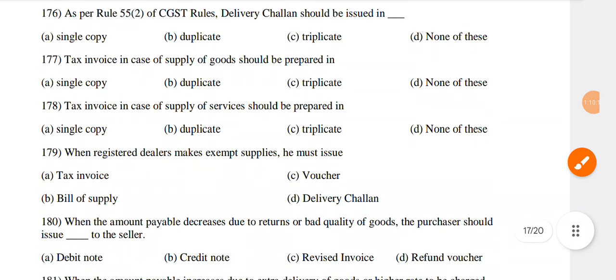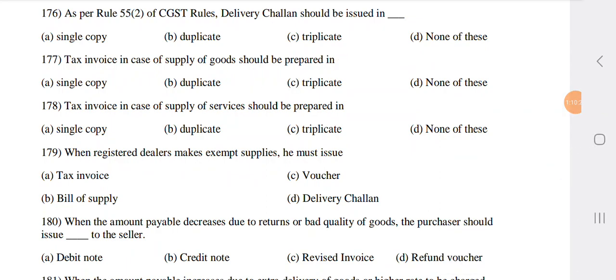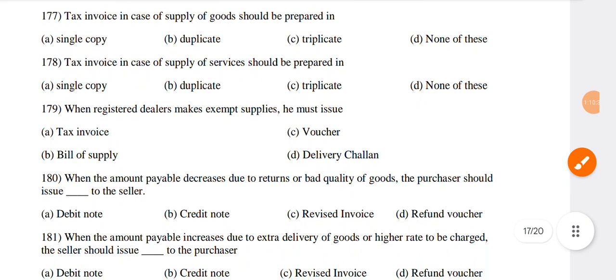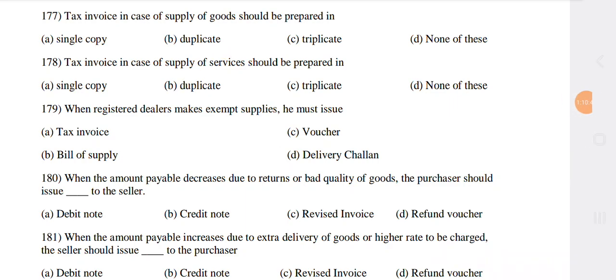Tax invoice in case of supply of goods should be prepared in option A, single copy; B, duplicate; C, triplicate; and D, none of this. And the correct option is C. Next question. Tax invoice in case of supply of services should be prepared in A, single copy; B, duplicate; C, triplicate; and D, none of this. And the correct option is B, duplicate.